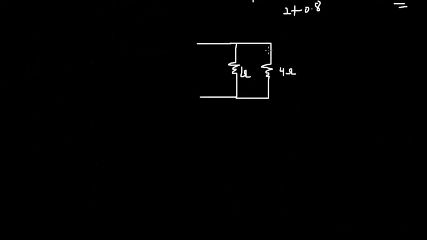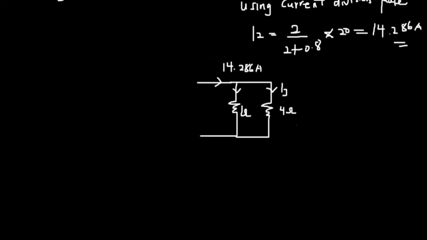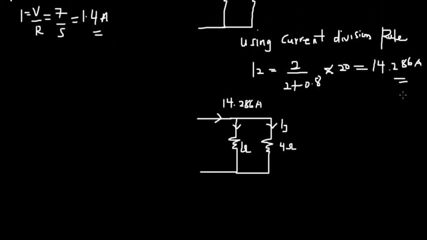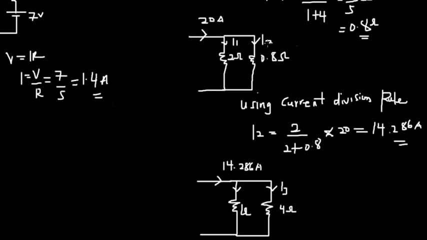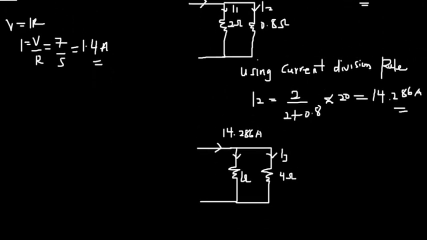This is my I3, and we have 14.286 amps. Note that the same current will pass through here. So this is our I2.